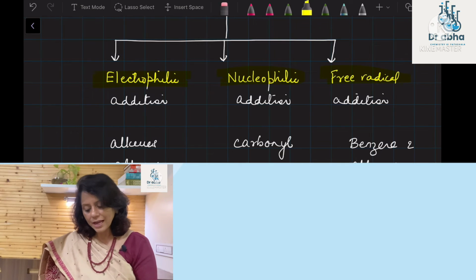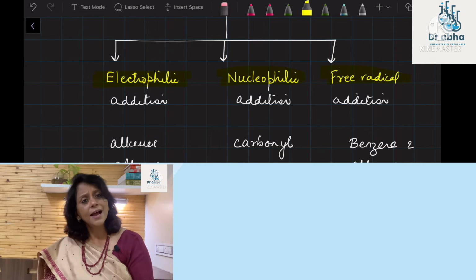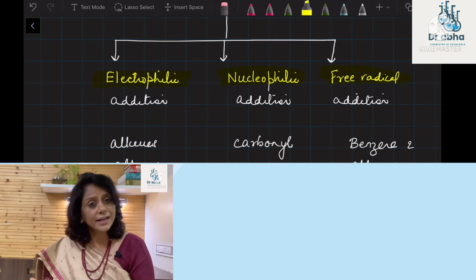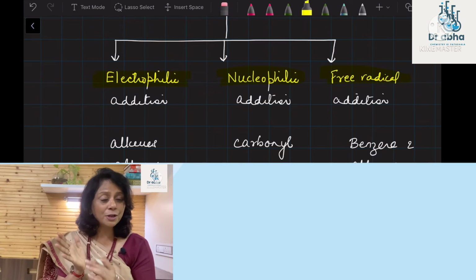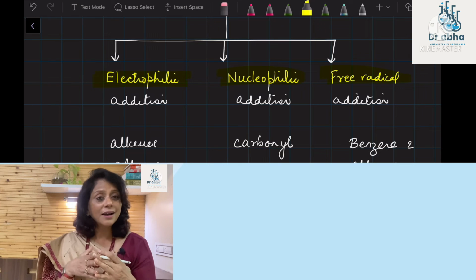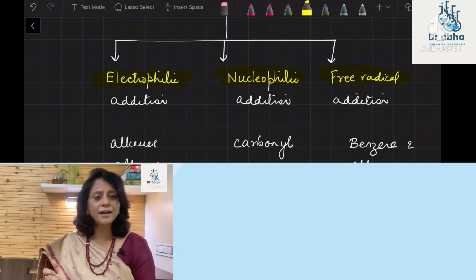Now guys, I'll give you a very simple example. Electrophilic addition generally takes place in unsaturated hydrocarbons, alkenes and alkynes. Nucleophilic addition will always take place where carbon is attached to a heteropolar multiple bonded species like oxygen, nitrogen, etc., right?